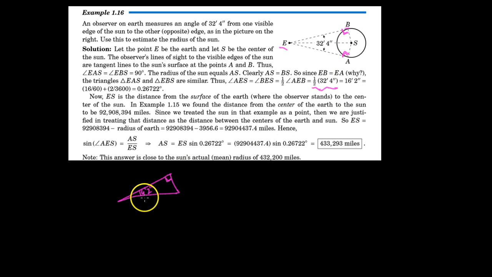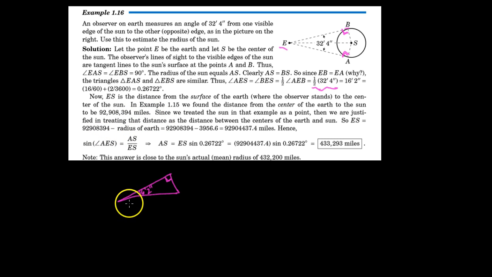Okay, and we're also given the distance from the last problem, and you guys have to use that for the moon as well, which is 92,908,394 miles. But we were treating it from the center of the Earth.